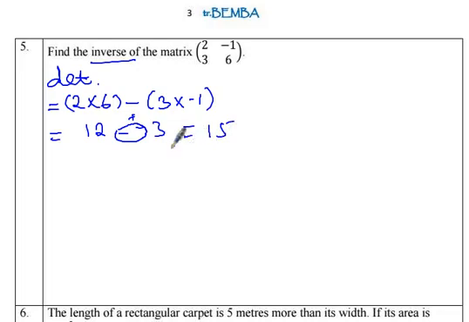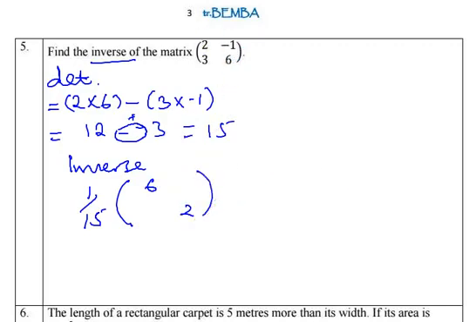Now, after getting the determinant, to get the inverse of this matrix, we need to have 1 out of the determinant times the adjoint matrix for this matrix here. And what's the adjoint? This number moves up here and this moves down.